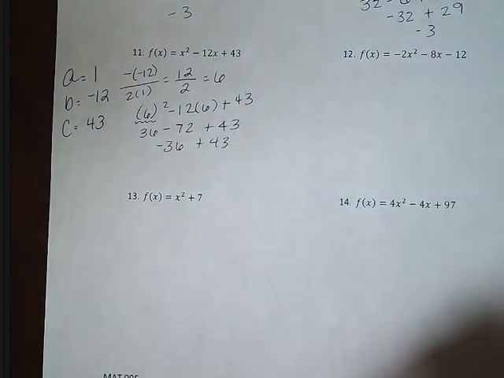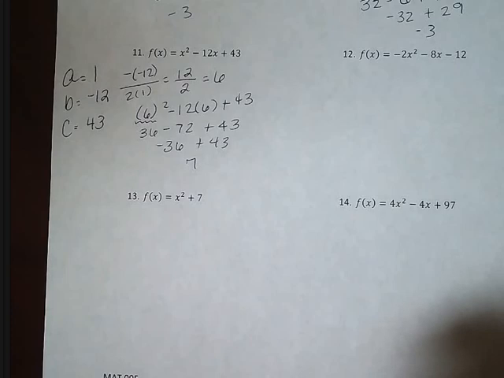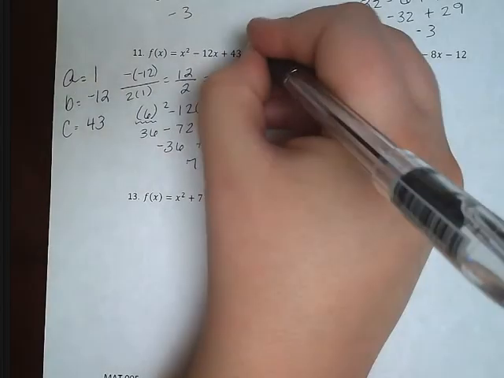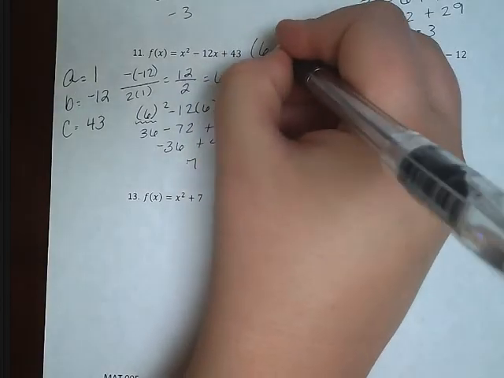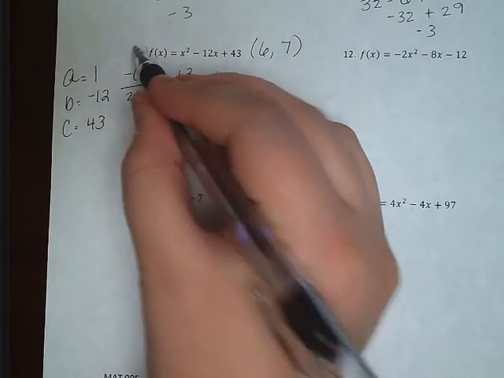And then negative 36 plus 43 is a positive 7. So our vertex here is 6, 7 for number 11.